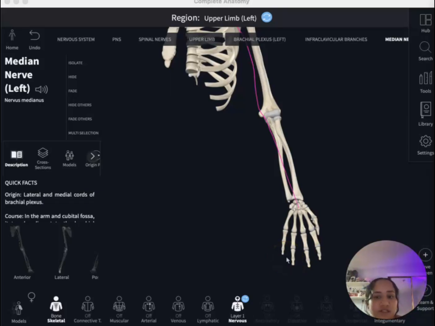Some occupations that may experience this type of injury could be musicians, where they're constantly using their hands and wrists to play different instruments as they're putting them in different positions. Hairdressers, as they're constantly holding up hair tools and doing excessive wrist flexion. Even if you're doing your own hair, you don't have to be a hairdresser.